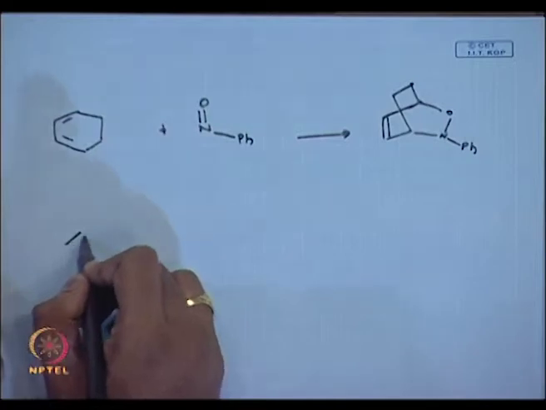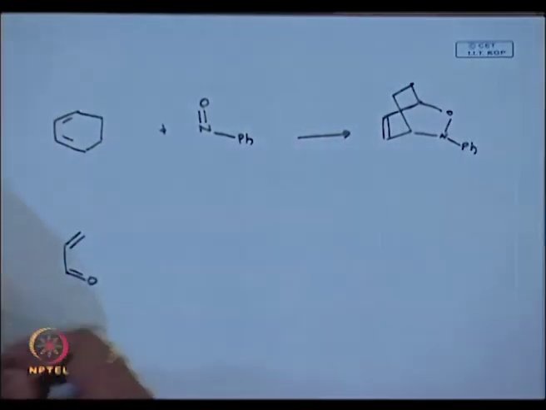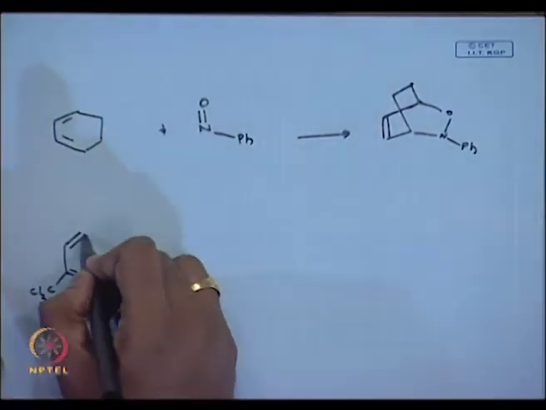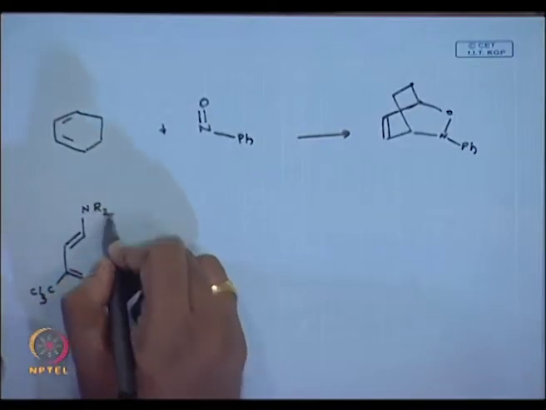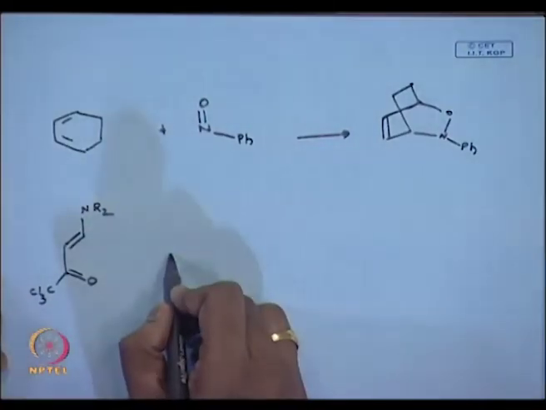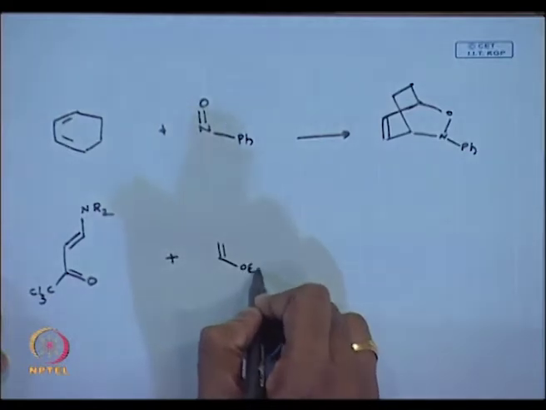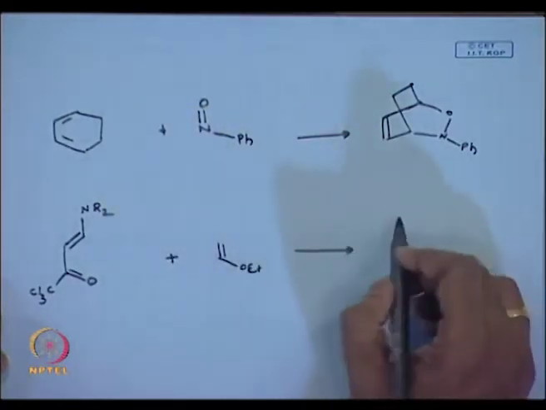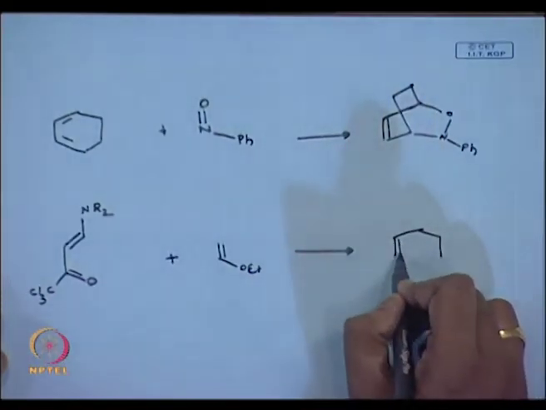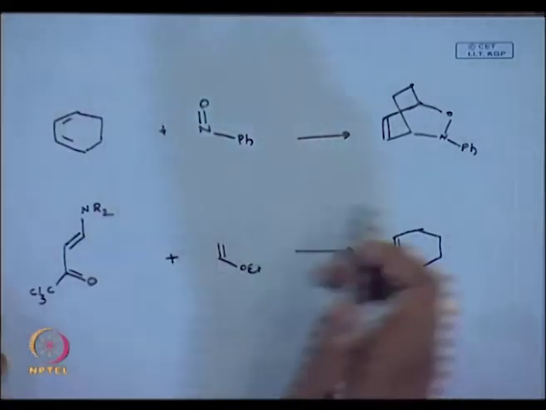For example, I can take a system which has a ketone and my CCl3 with an amine. You can have this type of system, and this also undergoes a nice heteroatom Diels-Alder. I have an O. Yes, you make pyran type ring structures.